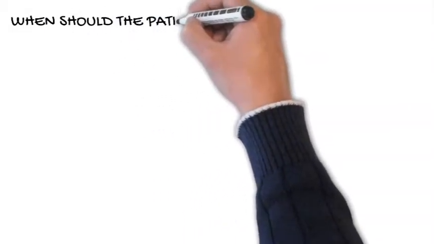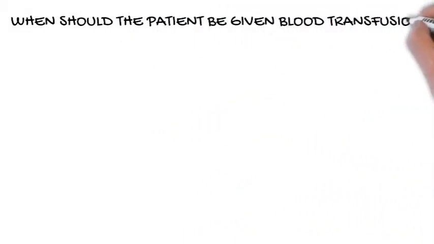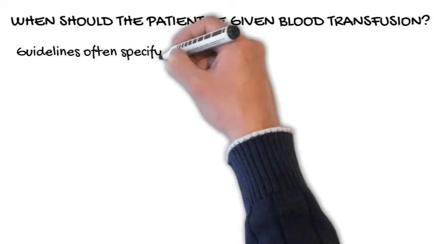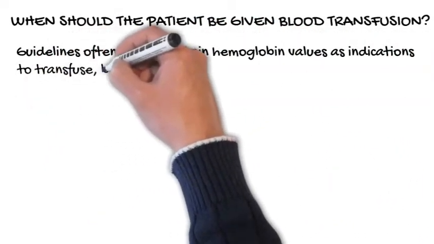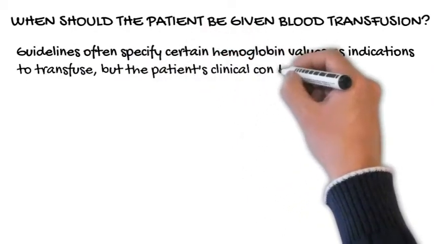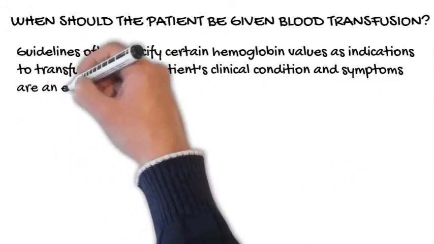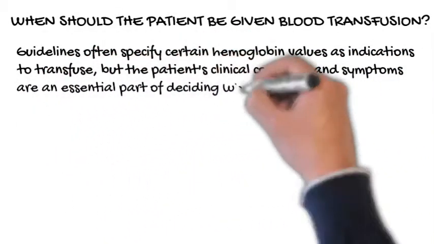When should the patient be given blood transfusion? Guidelines often specify certain hemoglobin values as indications to transfuse, but the patient's clinical condition and symptoms are an essential part of deciding whether to transfuse.